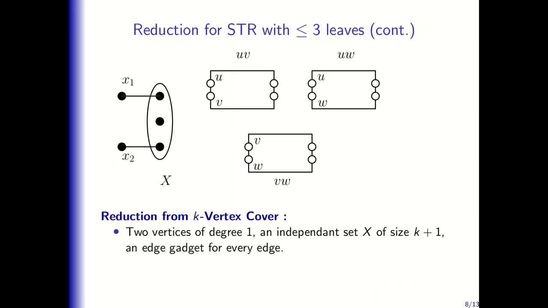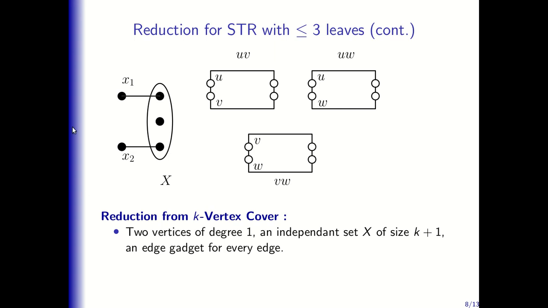Okay, and so now what is the construction of the reduction from vertex cover to Hamiltonian path? Imagine that your graph is a triangle UVW. You create an edge gadget for every edge: for the edge UV, for the edge UW, and for the edge VW.